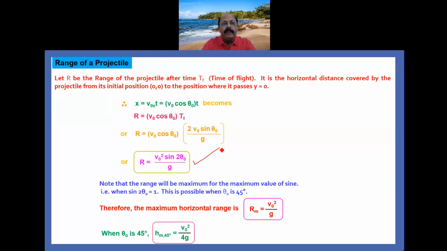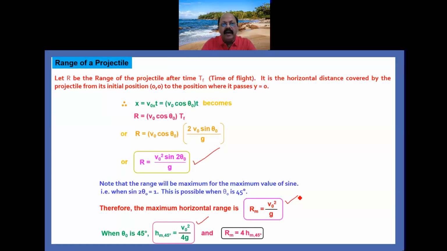Now when theta naught equal to 45 degree, then we can also calculate the maximum height by using the formula of the maximum height. So that comes to be V naught square upon 4G. Then from the maximum height equation and maximum horizontal range equation, we can find the relation between the maximum range and maximum height.